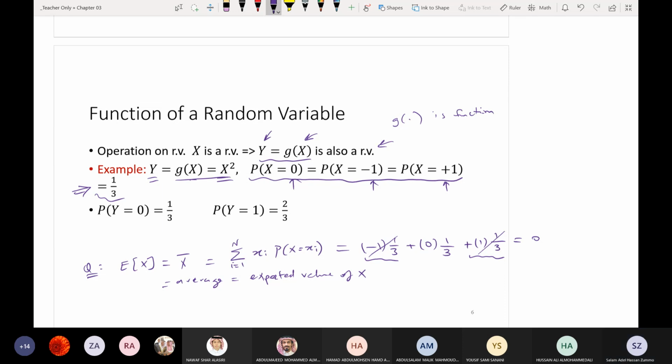Now, from the PDF, can we plot the PDF f_X of x? What does the PDF look like, Shabab? Rectangle? No. Why is it a rectangle? First of all, is this a discrete or continuous random variable?